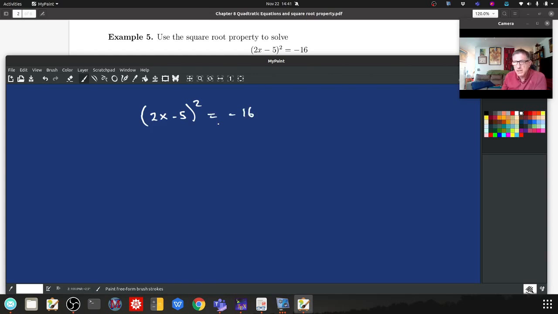So we're going to immediately apply, and what I'm going to do right here, we're going to extend the square root property, SR, to include negative numbers.